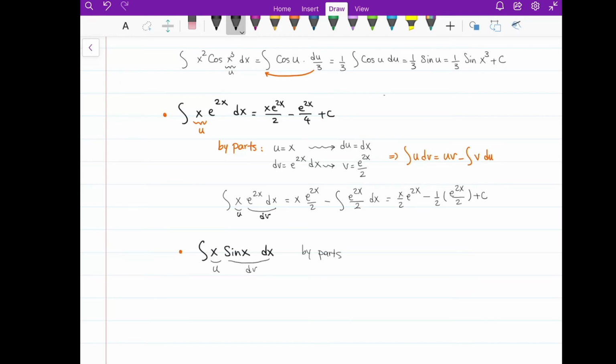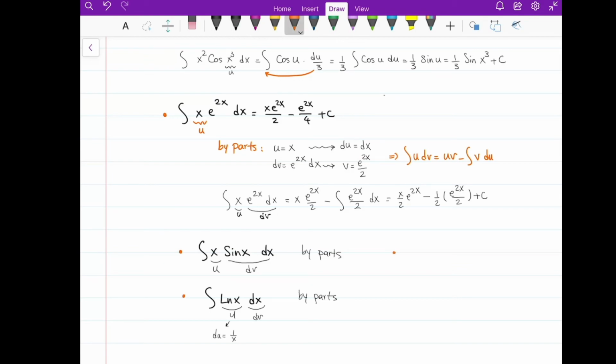You can solve it using by parts. Or, for example, when we have the integral of ln x dx, I'm gonna use by parts for that. How? I'm gonna take ln x as my u, because if I differentiate that, du would be 1 over x, which is easier than having a natural log inside the integral. And then the rest would be my dv. You can use by parts for this one as well.